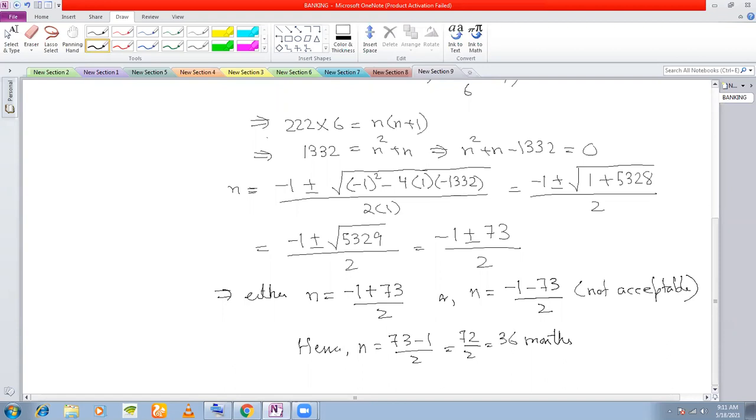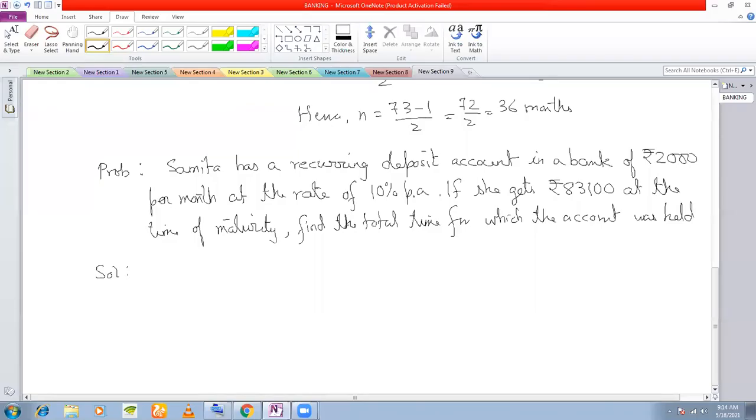And this sum here is a little long. So if we read the problem here, Samita has a recurring deposit account in a bank of rupees 2,000 per month. So here the principal, or the monthly installment, is 2,000 at the rate of 10% per annum.